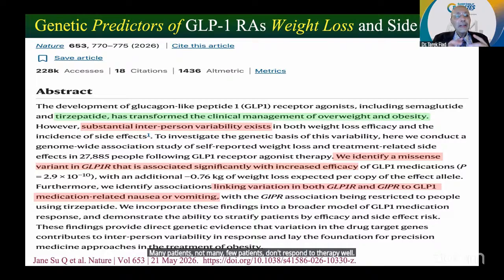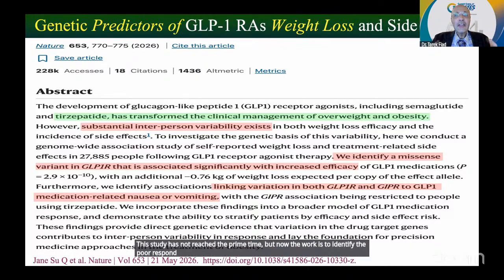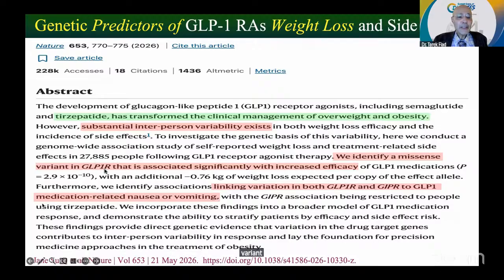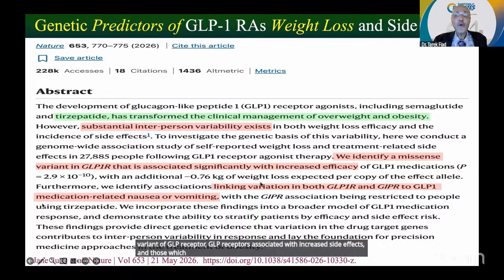This study has not reached prime time, but now the work is to identify the poor responders and the ones who are going to have bad nausea and vomiting. So there are studies looking at the messenger variant of GLP receptors associated with increased side effects and those associated with poor outcomes.